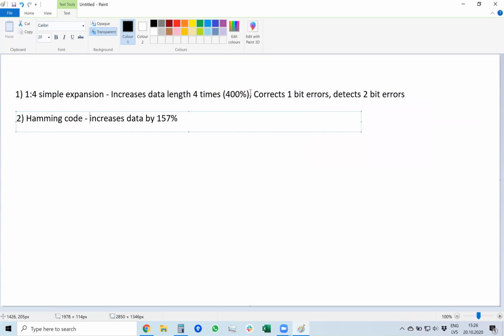So, you know, there is a difference. The first algorithm created 4 times more data, and this adds only 57% to the original length.